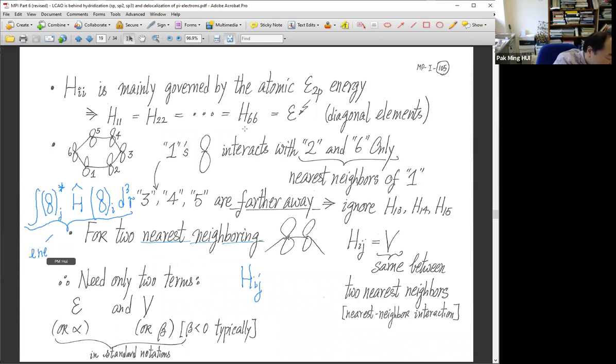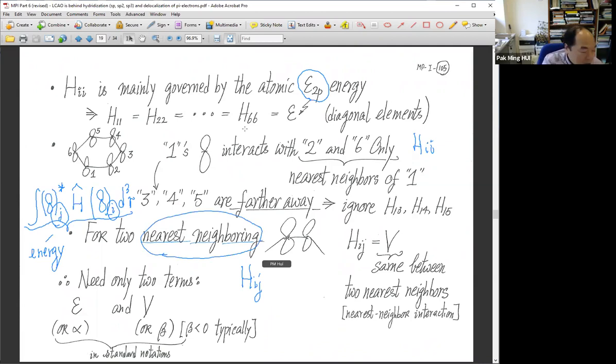It is an energy, because H is an energy. And then I start exercising the physical sense as follows. The most important terms will be HII, but that is already taken care of. It is the 2p energy of an atom. Then the second most important thing will be when I and J are nearest neighbors.